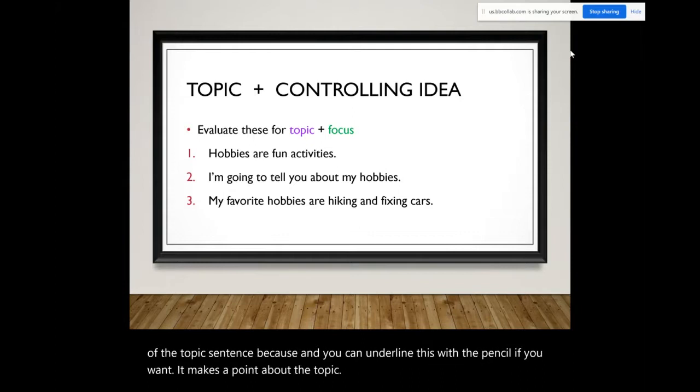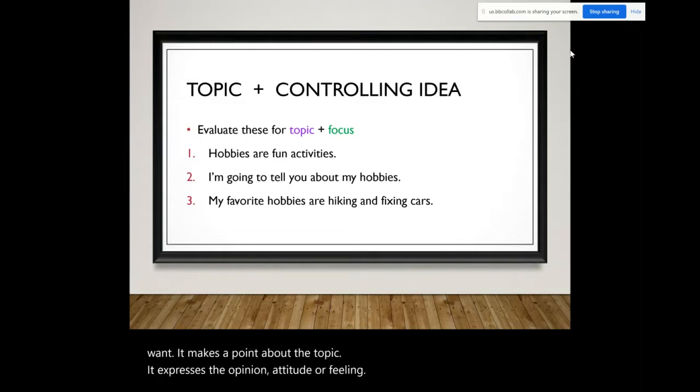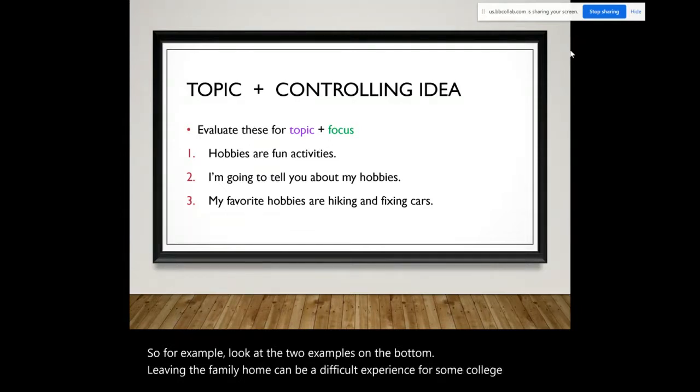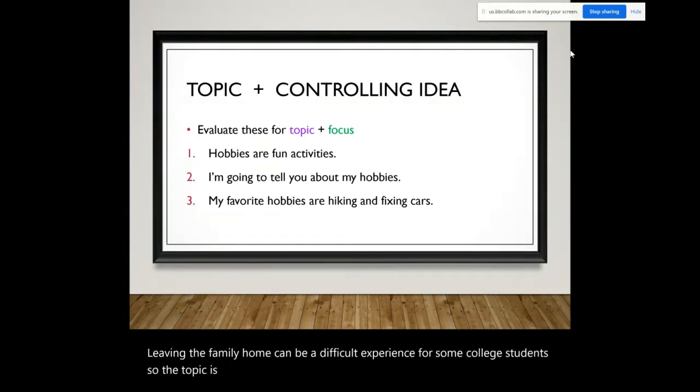It expresses the opinion, attitude, or feeling. So, for example, look at the two examples on the bottom. Leaving the family home can be a difficult experience for some college students. So the topic is family, and we're focusing on leaving the family home. So they narrowed that down even more.